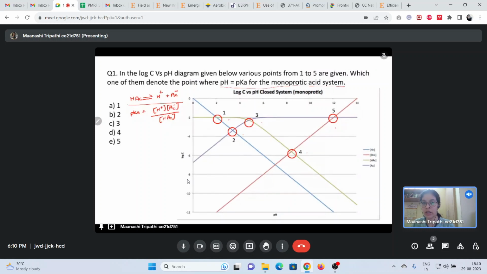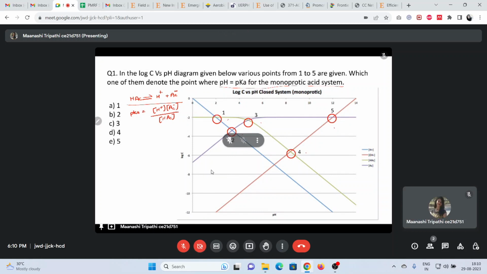Please try to solve this question, then we'll see the solution in a minute. We'll see the solution now.